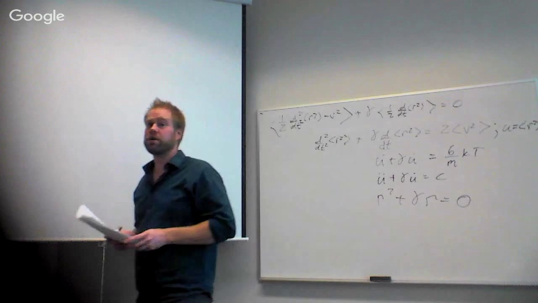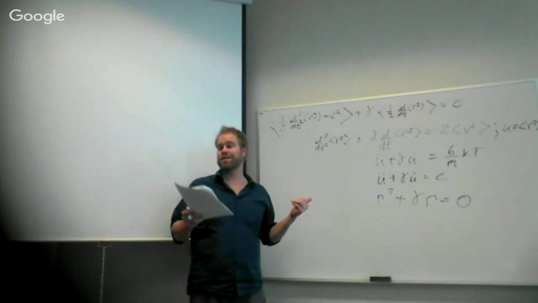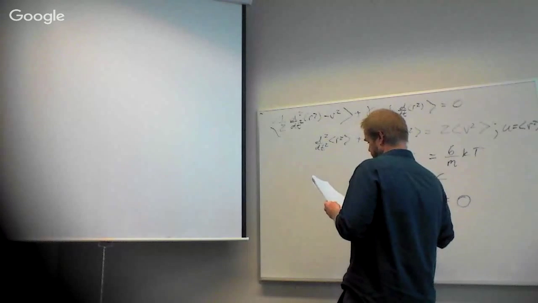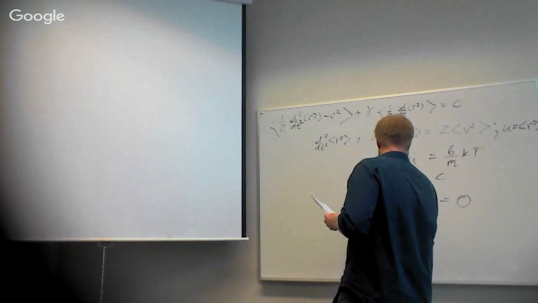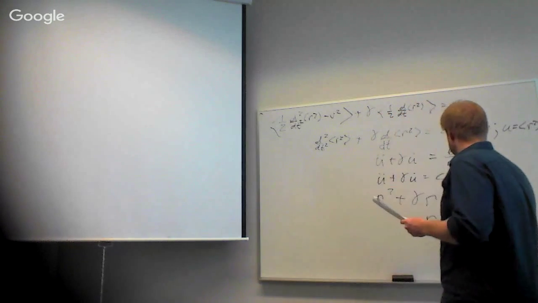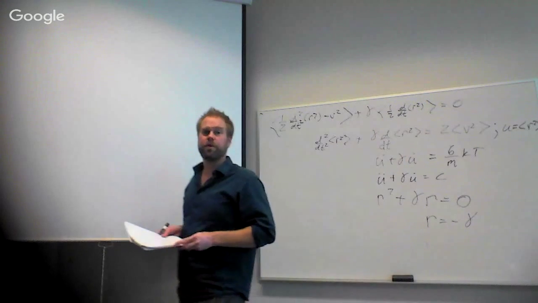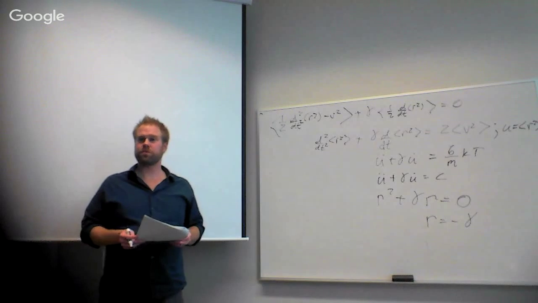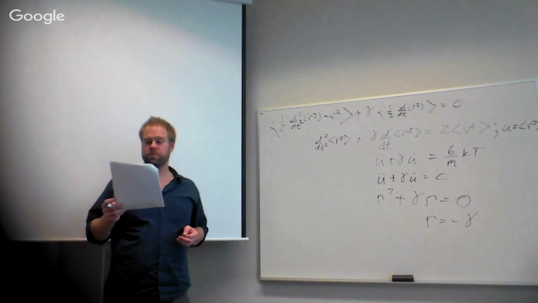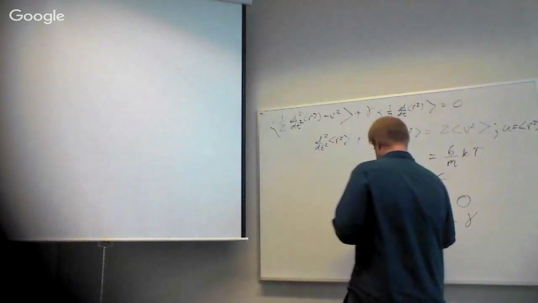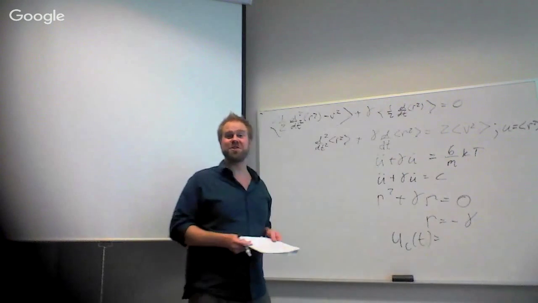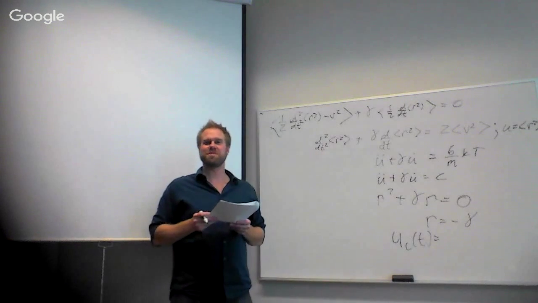For the complementary solution, what's the solution to this? 0 or negative gamma. Well, you can solve that, r equals negative gamma, 0 being the trivial solution. What does this tell us about U then? Maybe we shouldn't use r for that. You're right, we probably should use something else.